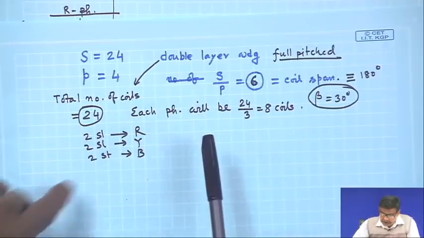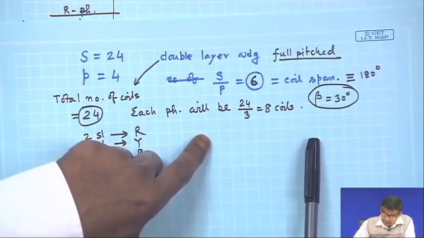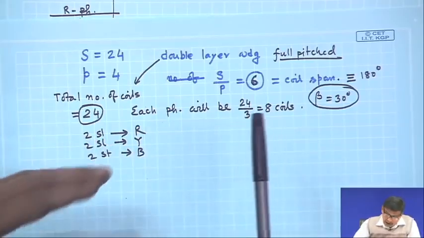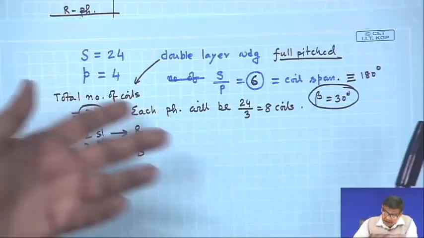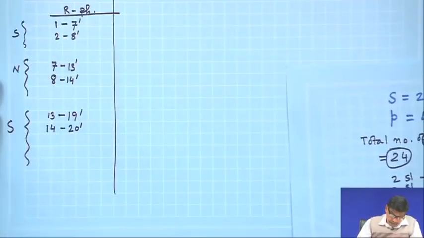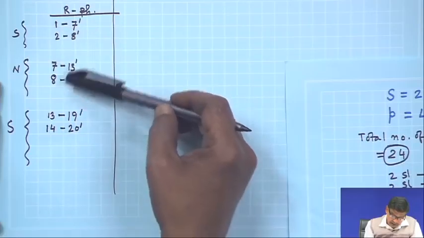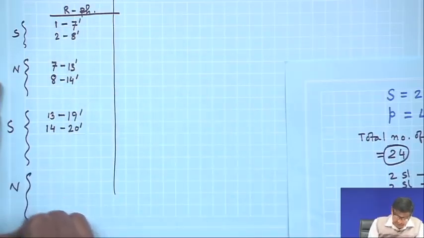So, if you are starting at 1, its return must be at 7 dashed. Okay. If you are starting at 5, its return must be at 11 dashed. So, how many coils? 1, 2, 3, 4, 5, 6, there is another knot, it is a 4 pole machine.